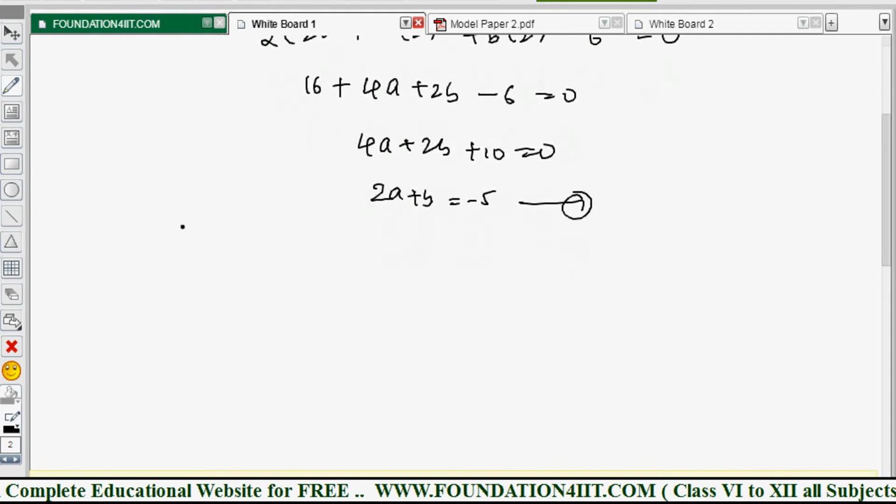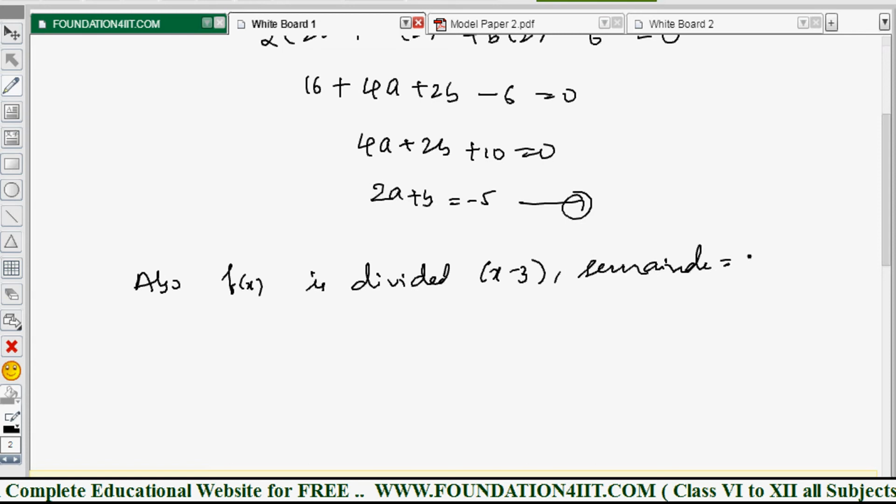Then also f of x is divided by x minus 3, and the remainder is given. The remainder is 36. Now, that means f of 3 is equal to 36.